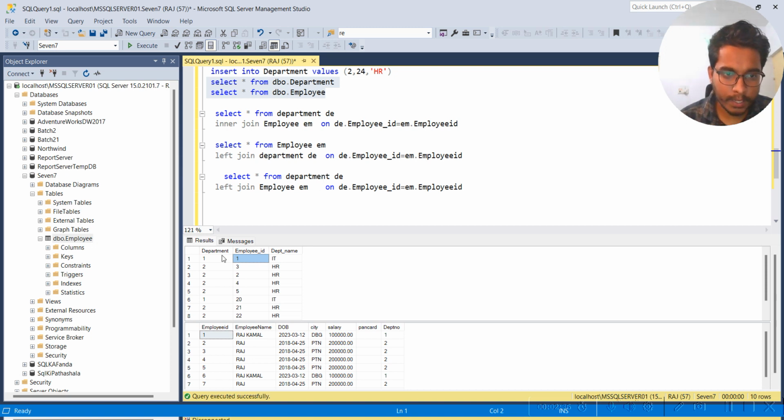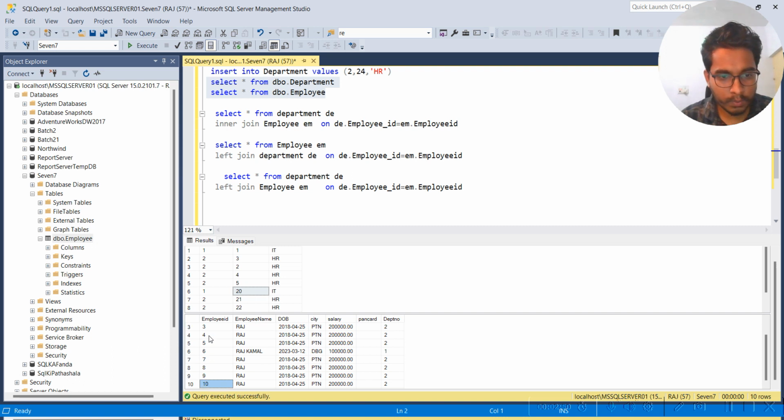So you can see here we have 10 rows in the department table, and these are the IDs 1 2 3 4 5, and here you can see employee IDs 1 2 3 4 5 up to 10 is there.